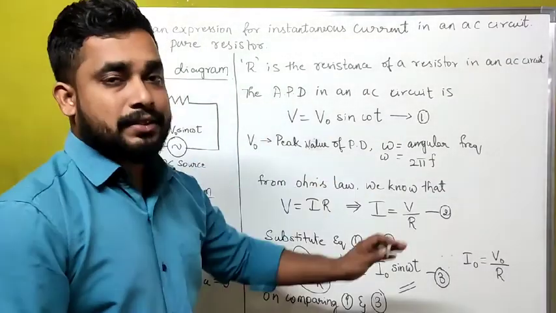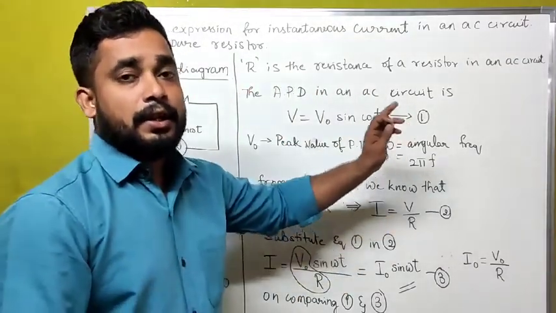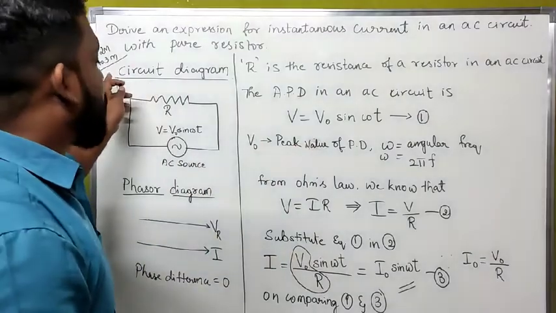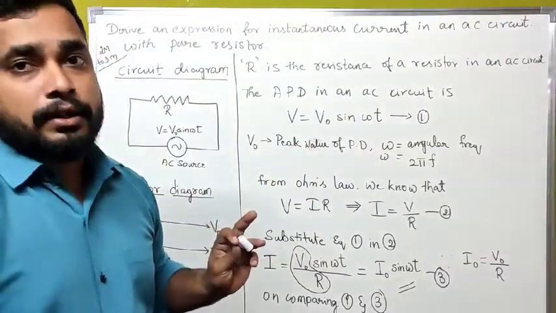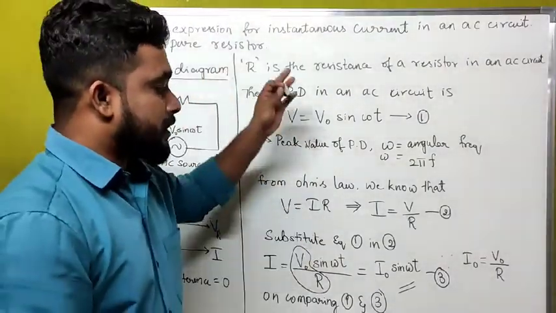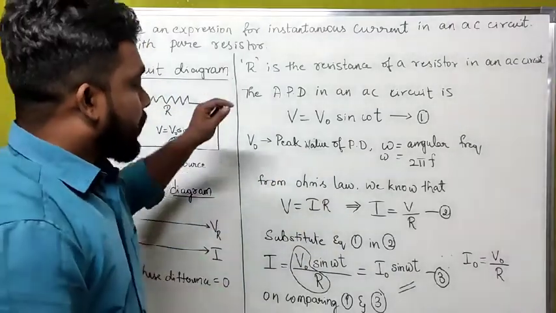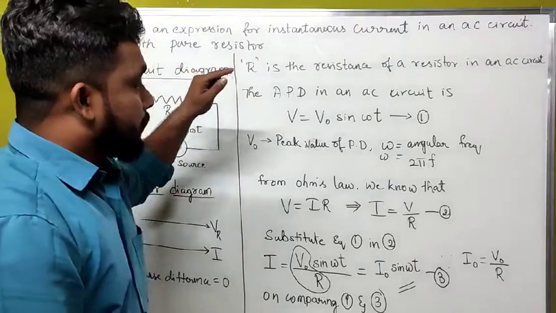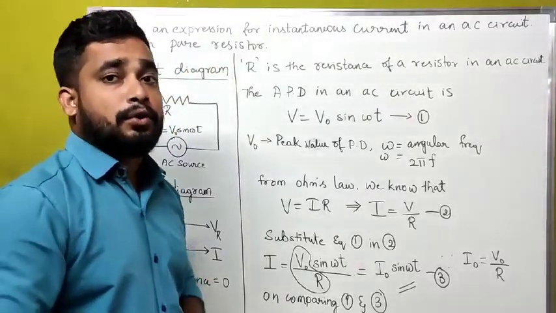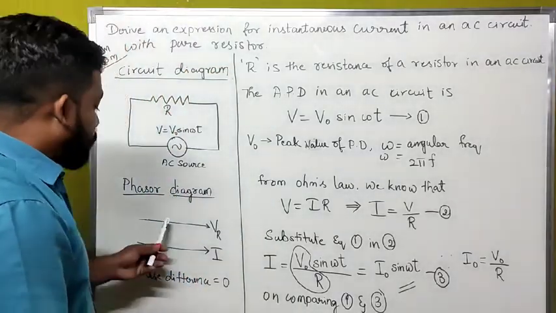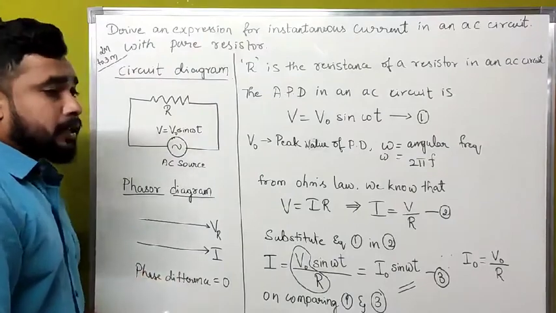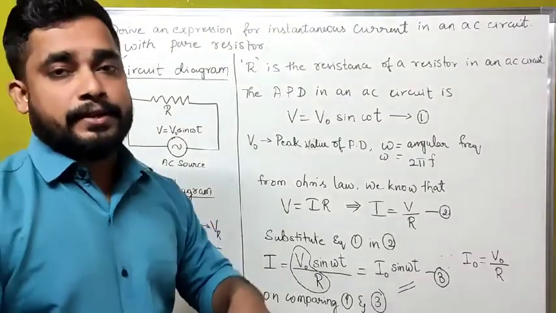Don't get bothered. This is an easy derivation. They may ask this for 2 marks or 3 marks. This is an easy one. If there is any doubt, please ask later, I am going to explain that. Further, we have to show graphically that both voltage and current are in phase.